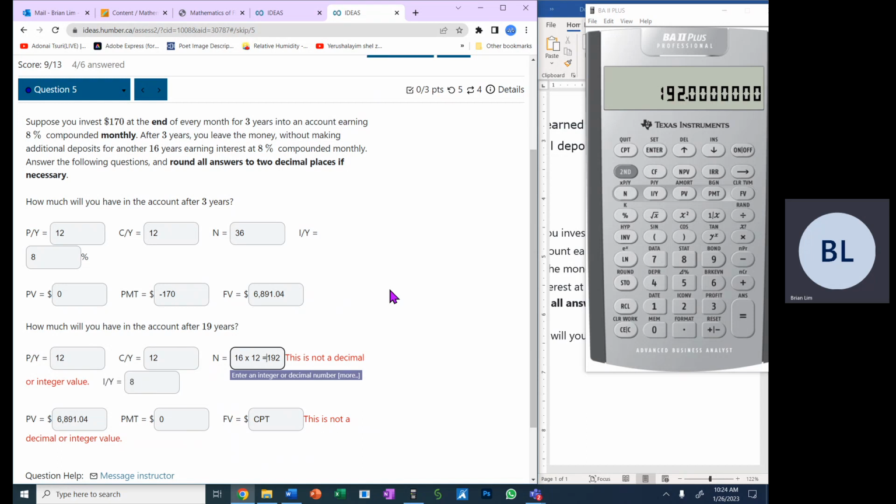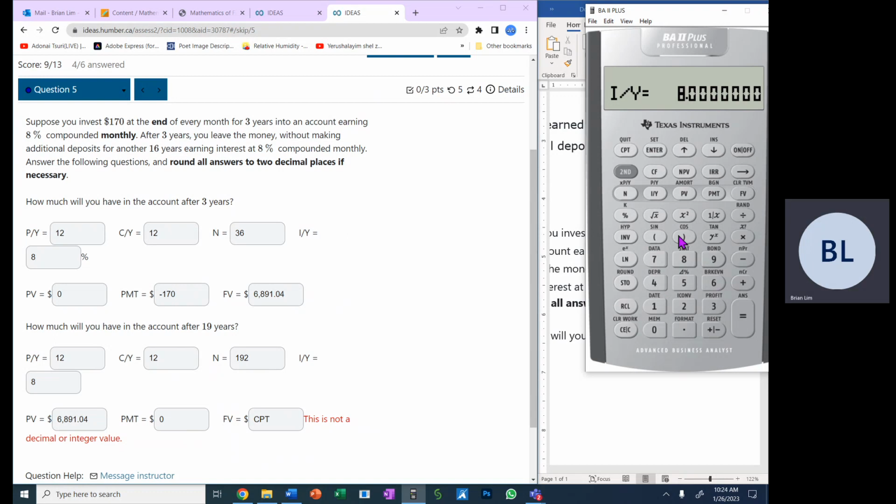And we can go back now and delete 16 times 12. That gave us 192. I/Y is the same, but we can still check. Oh, sorry, I didn't enter the value for N. So there we go, click on N, and the 192 goes in. So I can just recall the value for I/Y, press RCL and I/Y, and there it is still 8.